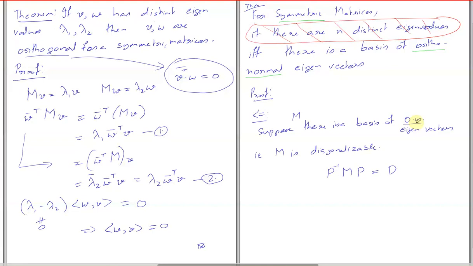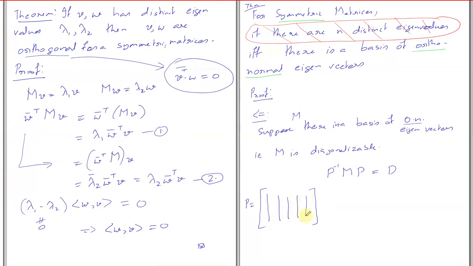So what can we say about P if this basis is actually orthonormal? If you look at this P matrix, this is a change of basis matrix, right? Since this is not just a basis of eigenvectors, it's a basis of orthonormal eigenvectors, the columns of P are orthonormal. You agree?